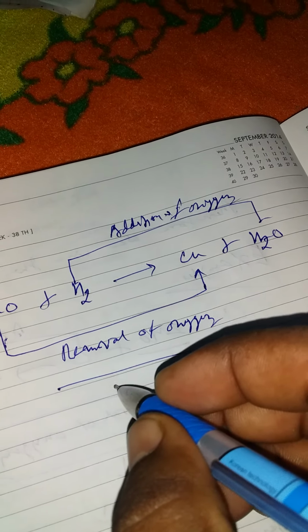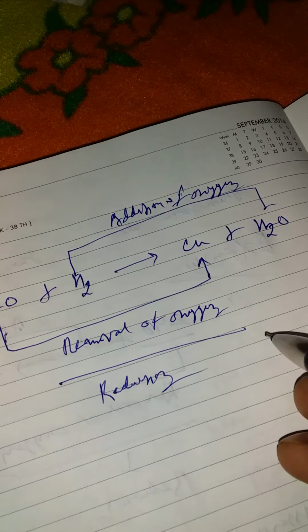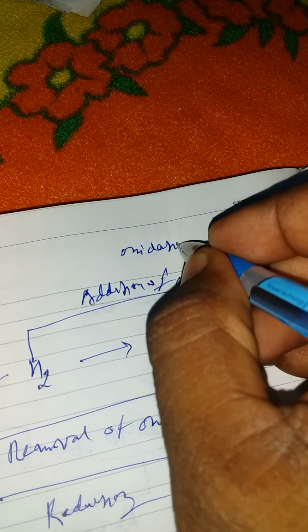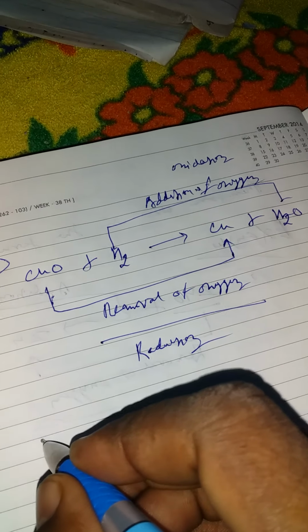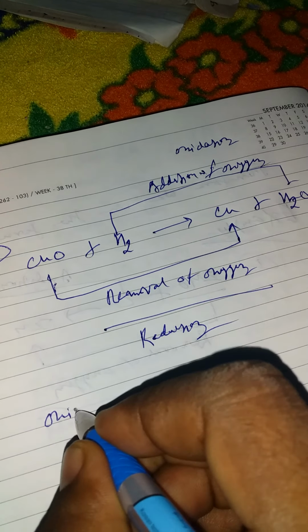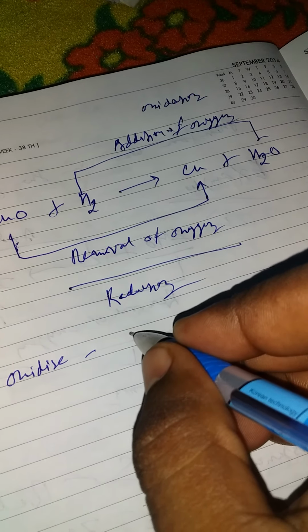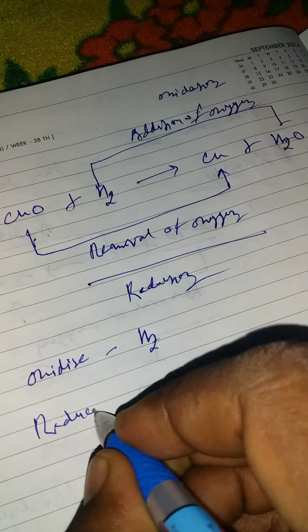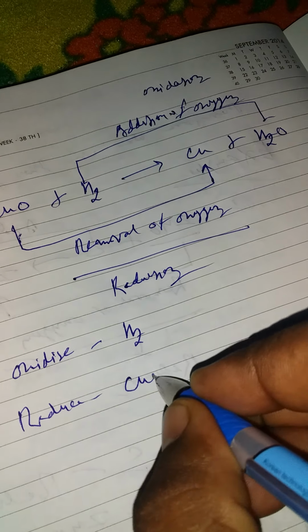Removal of oxygen is known as reduction, and addition of oxygen is known as oxidation. So the substance oxidized is H2 and reduced is CuO.